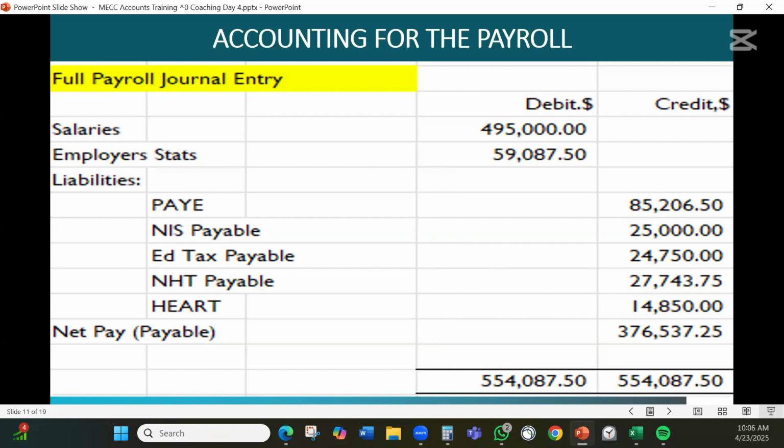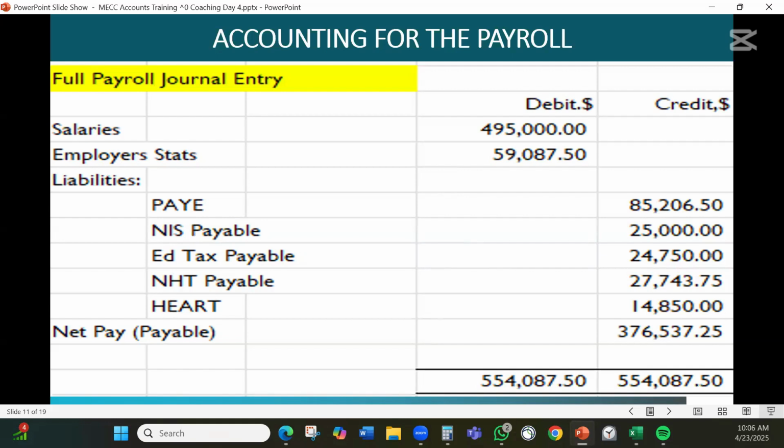All right? So what do I want you to get from this? Several things. The salaries that you're going to record in your accounts is the gross amount, not the net amount.